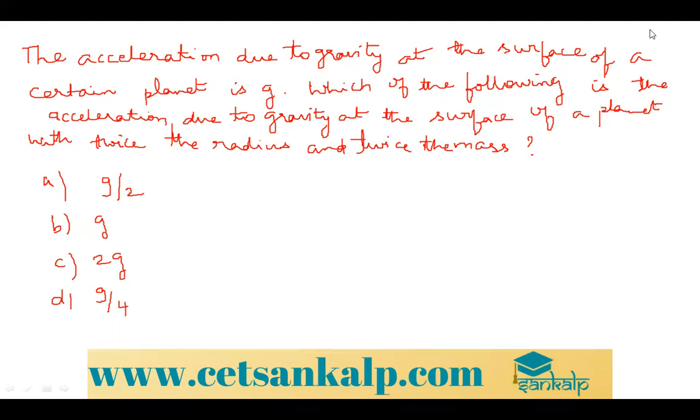So now you should remember the formula of acceleration due to gravity. Acceleration due to gravity is given as g = GM/r². So now we have to find g dash.